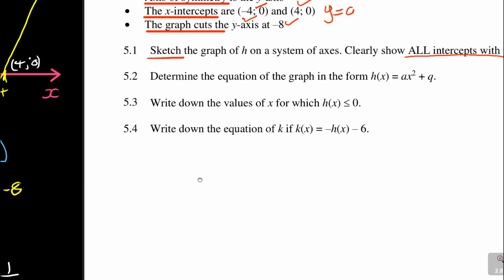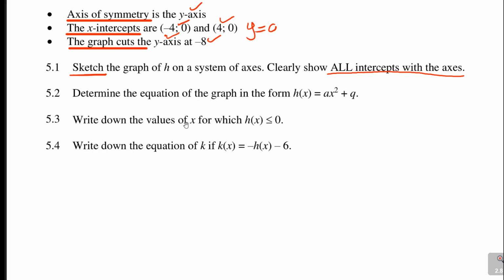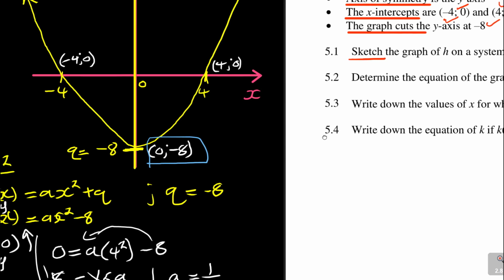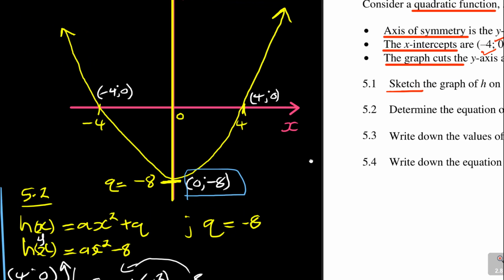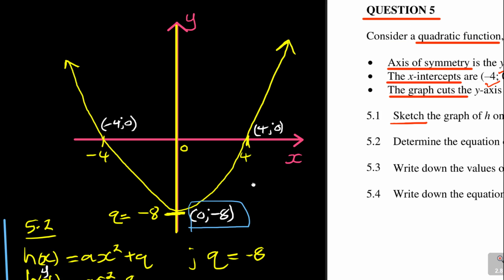Alright. Next one says write down the values of x for which h of x is less than 0. Now we come back to this graph. Be careful now. Less than.